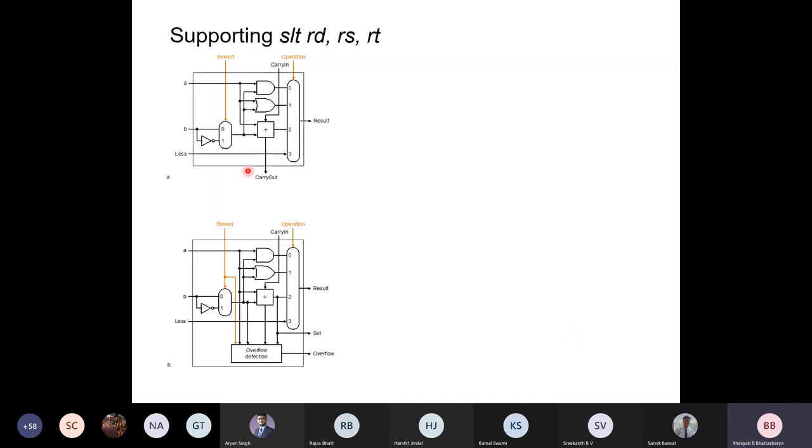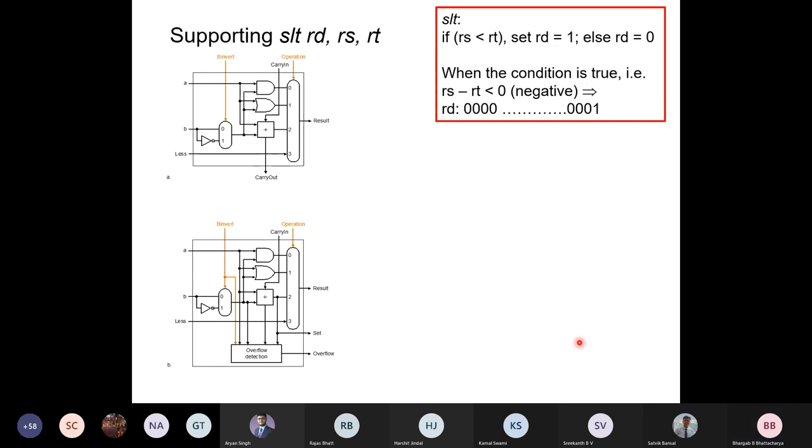This is the basic unit, and we also add some hardware here for detecting overflow and so on. This is the unit for inversion, so that you can do the subtract operation. Now I also add an extra line here and increase the size of the multiplexer. In order to do SLT, what do I need to do? SLT means that if the content of RS is less than RT, then I set the destination register to 1, else RD to 0.